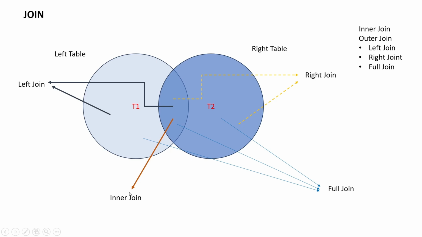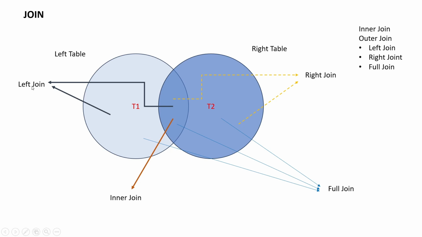On the other hand, it might be possible that we want matching records for sure, but along with those matching records, we also want all the unmatching records from the left table. If we want such an output, then we apply a join called left join.